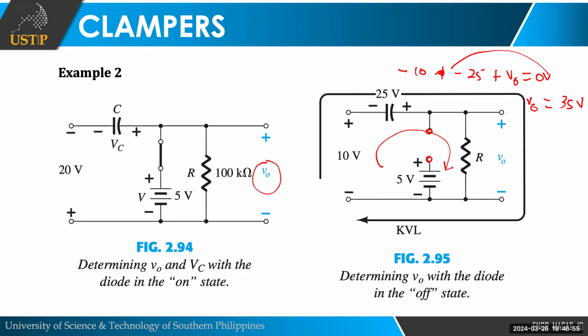For the negative cycle, the output voltage is parallel to your resistor, parallel to this branch here. So that is simply 5 volts. During negative cycle it is always going to be 5 volts, and then 35 in your positive.